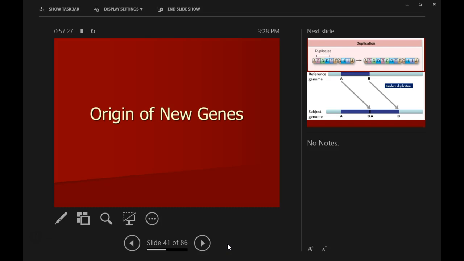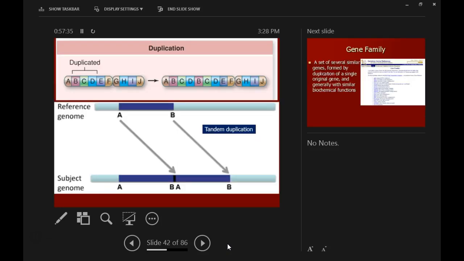A really common mechanism for creating a new gene is a process called duplication. In duplication, what happens is a segment of the chromosome makes a copy of itself, an extra copy, and may put that right next door.